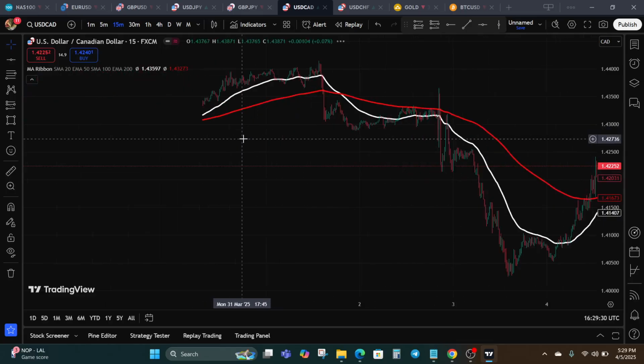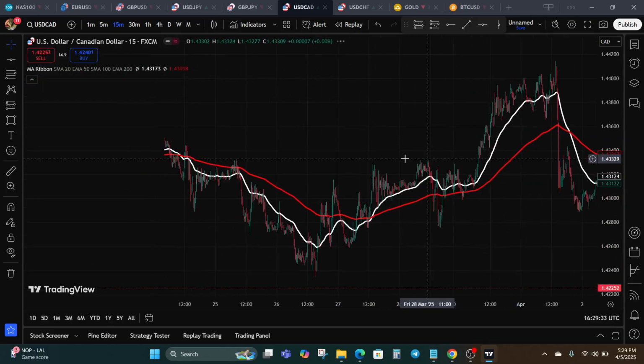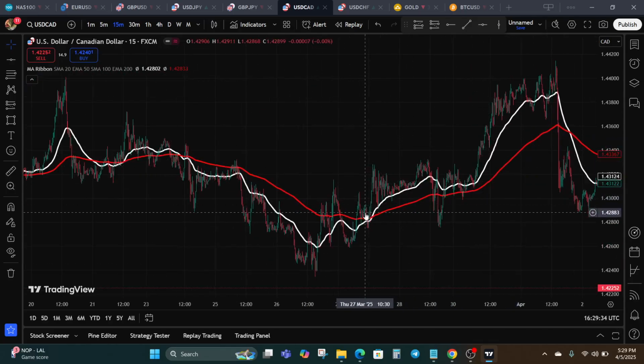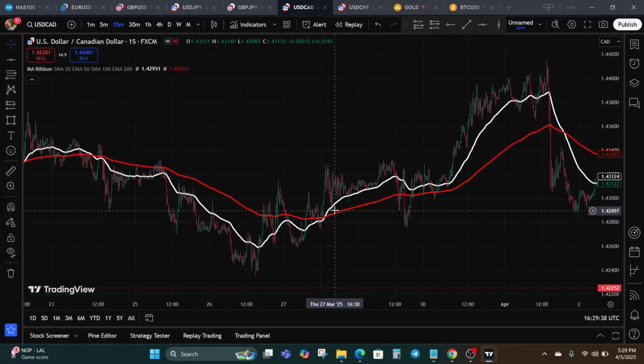So basically, when the 50 period EMA crosses above the 200 period EMA, this signals that the market is likely in an uptrend. This is a bullish signal, and it might be a good time to look for long or buy opportunities.